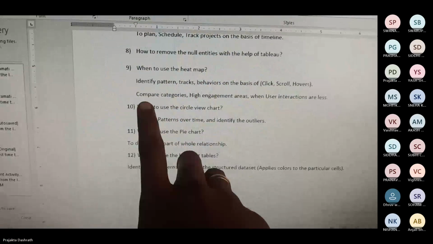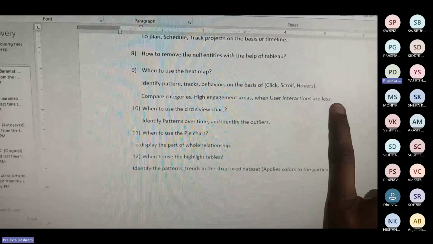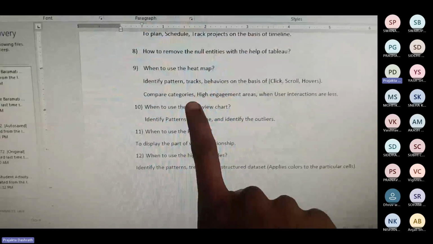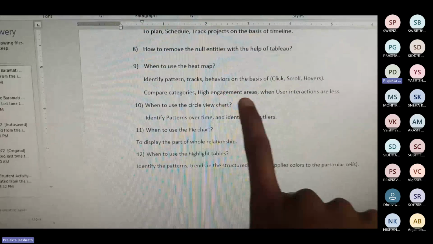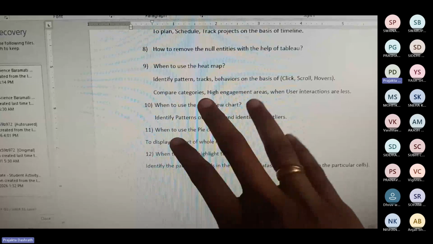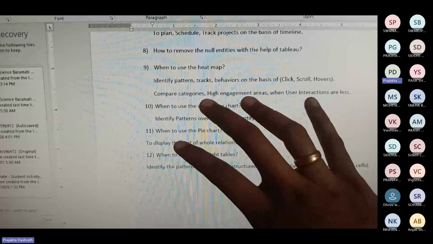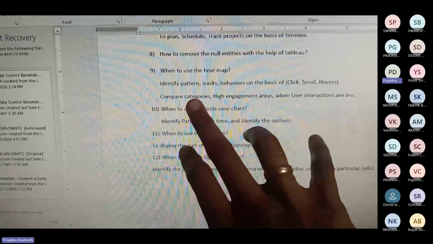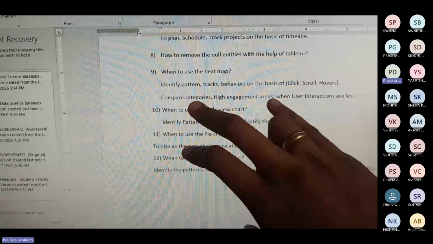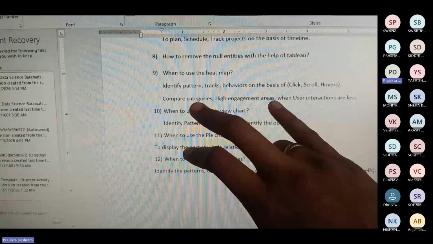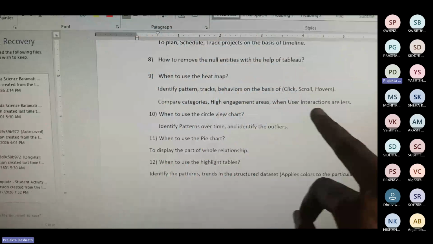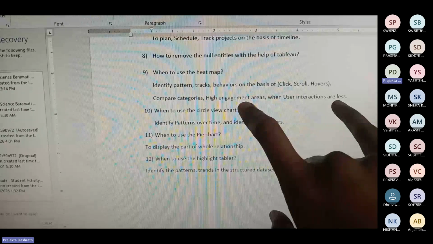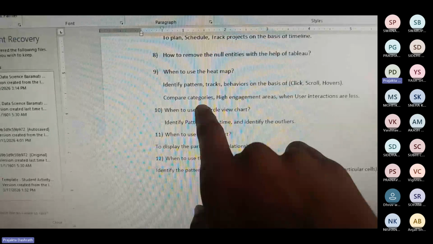Try to look and analyze and understand this second use. Compare categories, high engagement areas, as well as the low, when user interactions are less. We can compare the high, we can compare the low, and we can identify the categories as well.